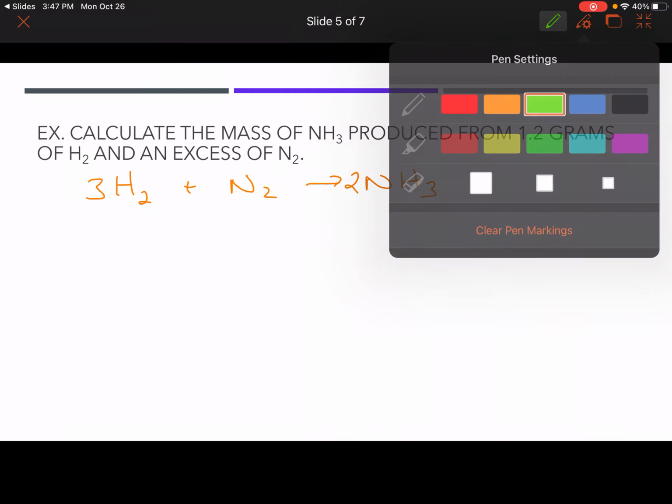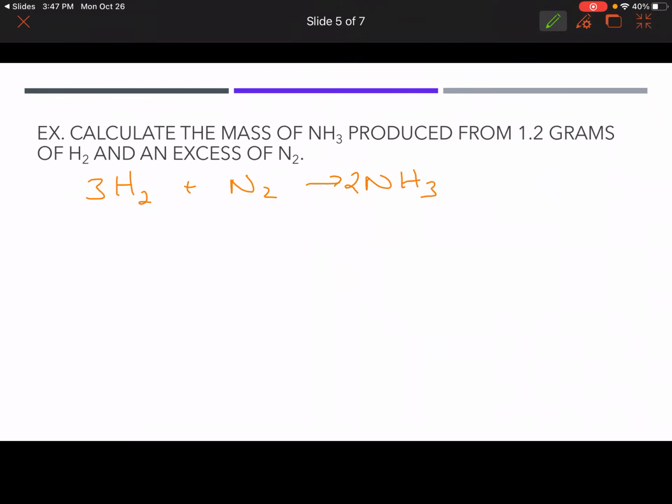Now it's all balanced. So now I'm going to write down the information that I'm given. I'm told 1.2 grams of H2 and an excess of nitrogen, which means I don't need to worry about it, and it's asking me to calculate the mass of NH3, so grams question mark for the NH3.